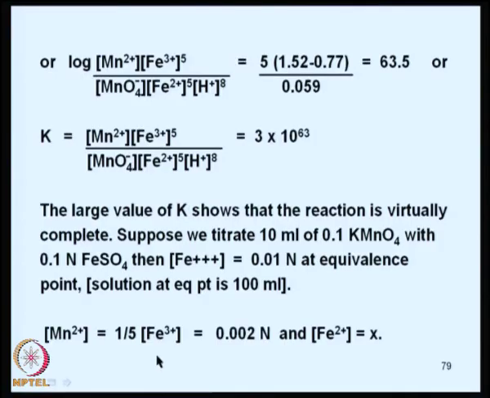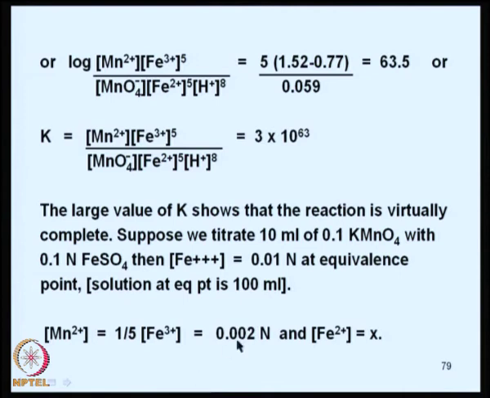Now, if I do that, I can titrate 10 ml of 0.1 molar potassium permanganate with 0.1 normal ferrous sulphate, and at the equivalence point I will know the ferric concentration and the manganese concentration.